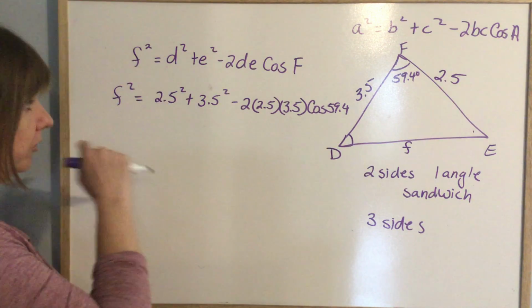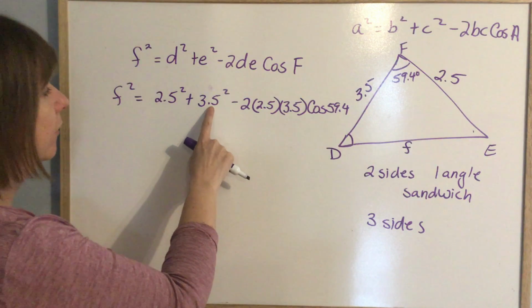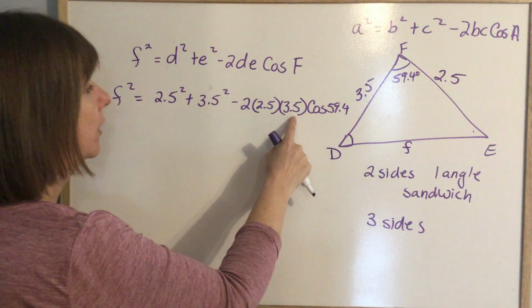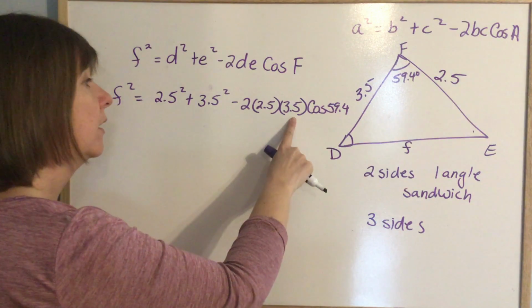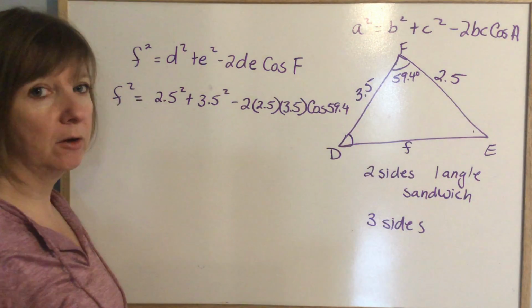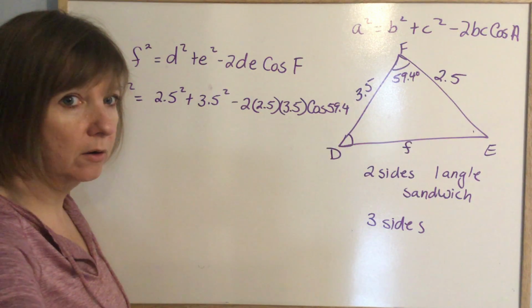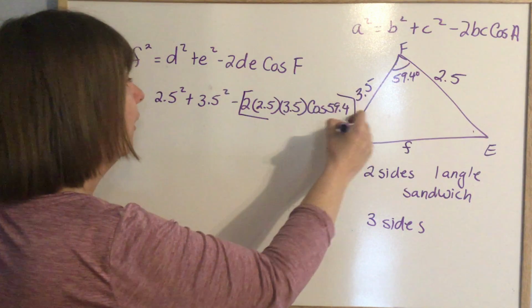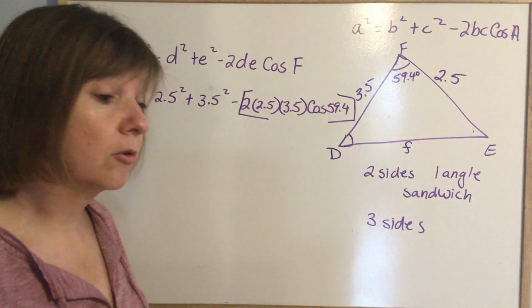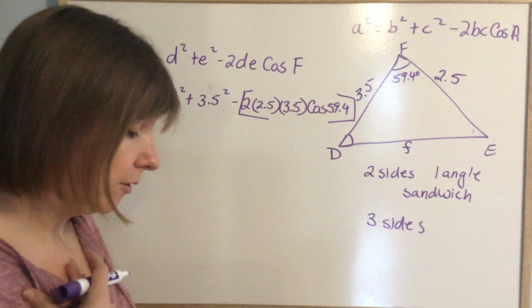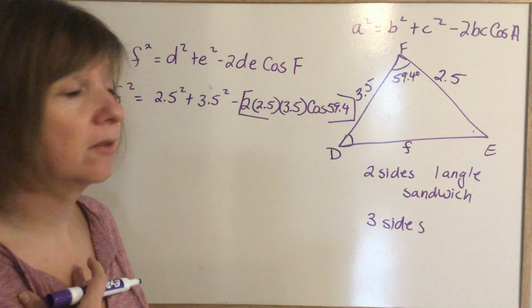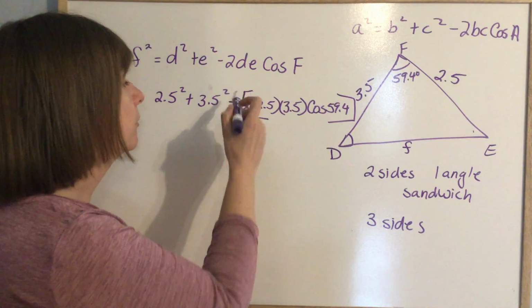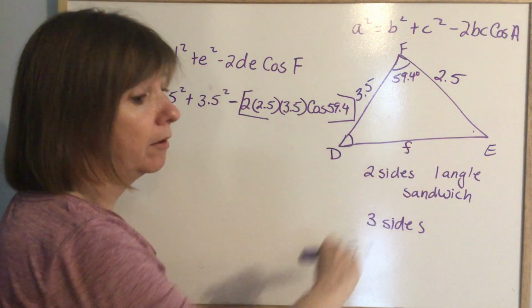What a lot of people do is they do 2.5 squared plus 3.5 squared minus 2 times 2.5 times 3.5, and then they multiply the whole thing by cos of 59.4. That doesn't work, okay? You are subtracting all of that multiplied together. So, so that I don't make that mistake, I have a tendency to put brackets there to remind myself that I am subtracting all of that.